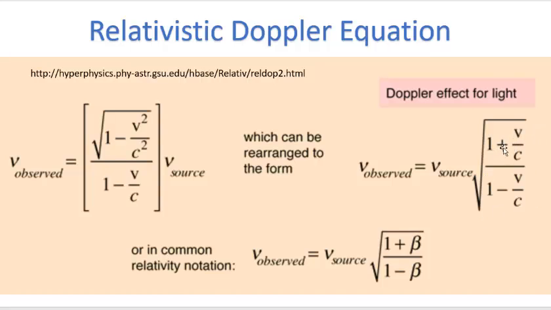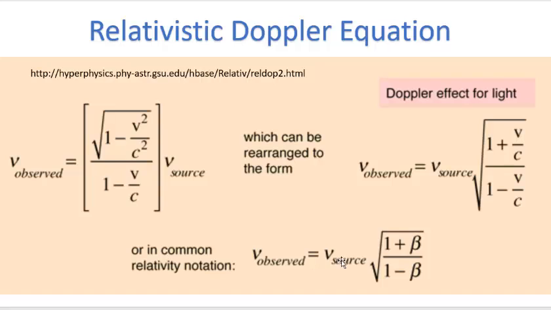When plus is on top here, this is going to be an increase in frequency, and so this is going to be a blue shift. And if you flip plus and minus, if it's minus on top and plus on the bottom, this is going to create a decrease in frequency, which is going to be a red shift.